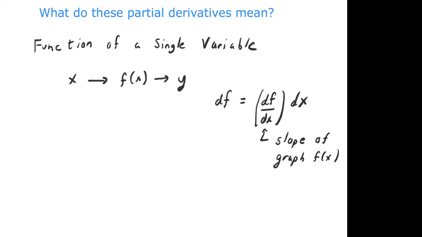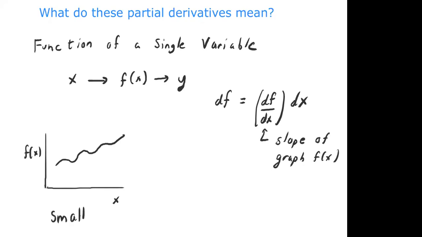So here's an example of two functions. Here's x, and here's f of x. And it's clear here at every point along this function that there is a slope that you can calculate by just taking this total derivative, and the slope at each one of these points is pretty small. Contrast that to another example.